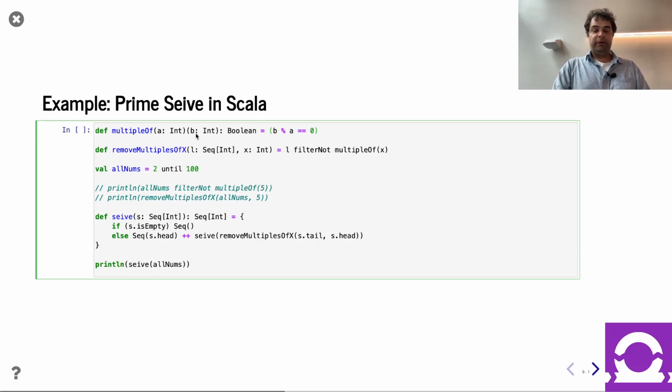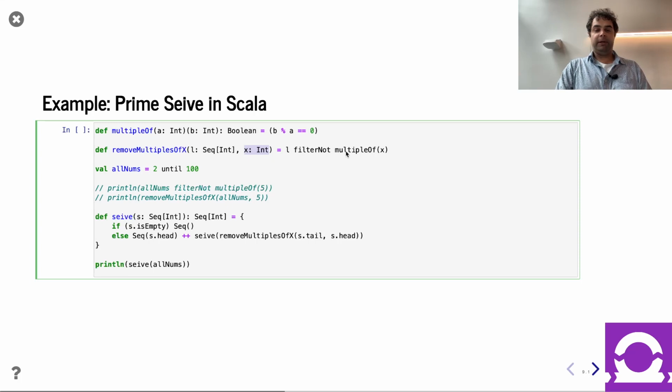Now, what's interesting is because we broke up the arguments with currying, which we covered last time, we can now put two and two together. So in other words, given a collection of numbers and a number x, we can now remove all of the elements that are multiples of that number.